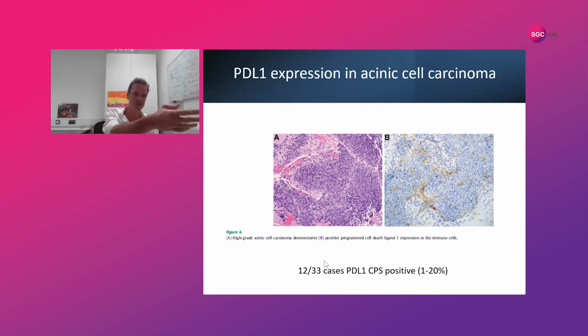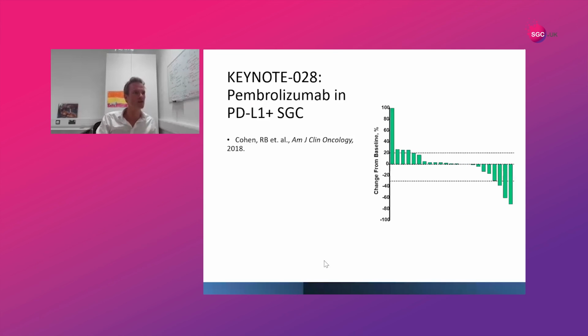These are the CPS, which means combined positive score, and it's the standard criteria we use in other head and neck cancers, for instance. So there is a signal that a proportion of acinic cell carcinomas are PD-L1 positive, so may respond to immunotherapies. We don't really have good evidence of whether they do. There was a study, Keynote 028, looking at pembrolizumab.